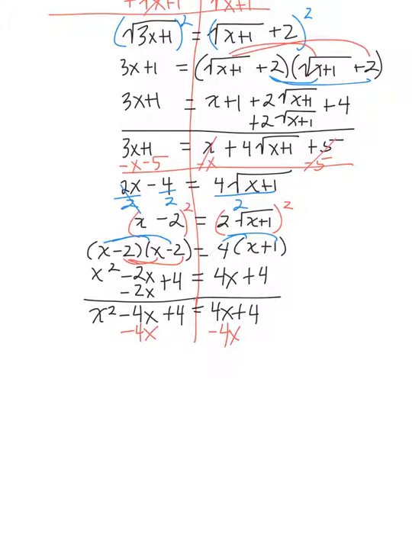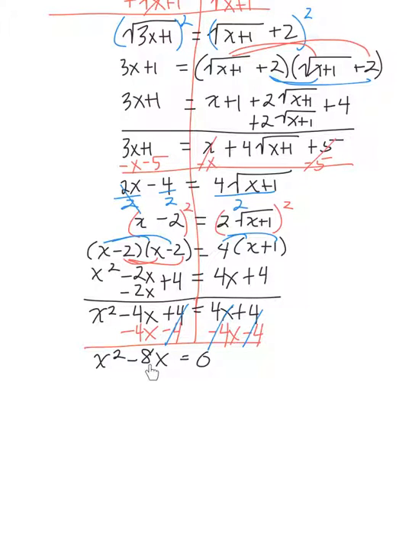Those don't cancel because they're the same sign. Subtract a 4, subtract a 4. Those will cancel because they are opposite signs. These cancel, these cancel, these cancel, but these do not cancel. So be careful. So what we have is an x squared minus an 8x is equal to 0.